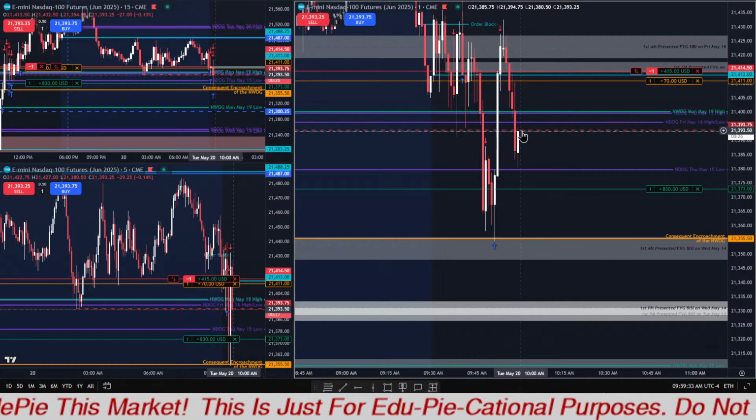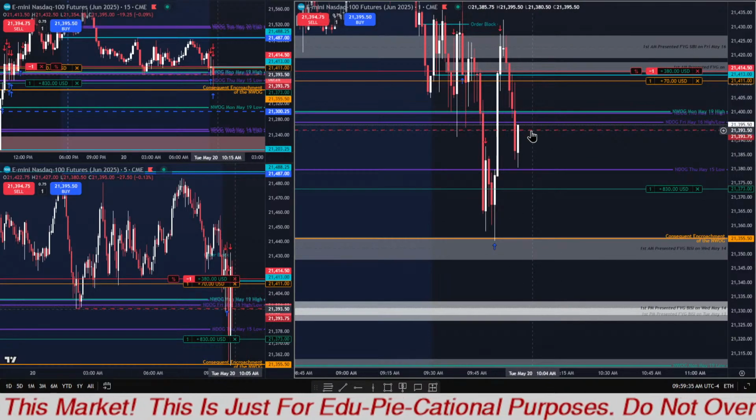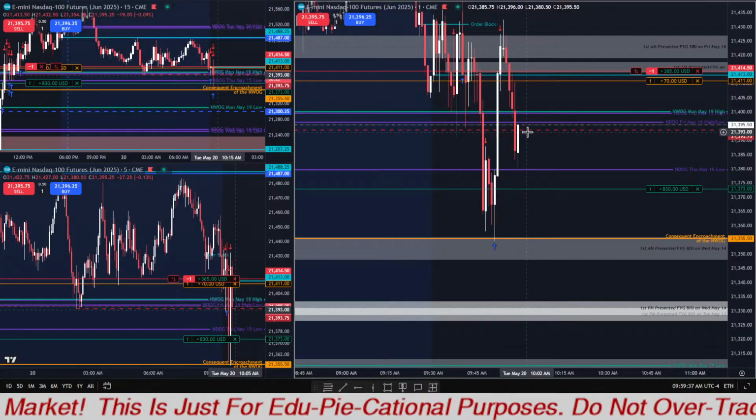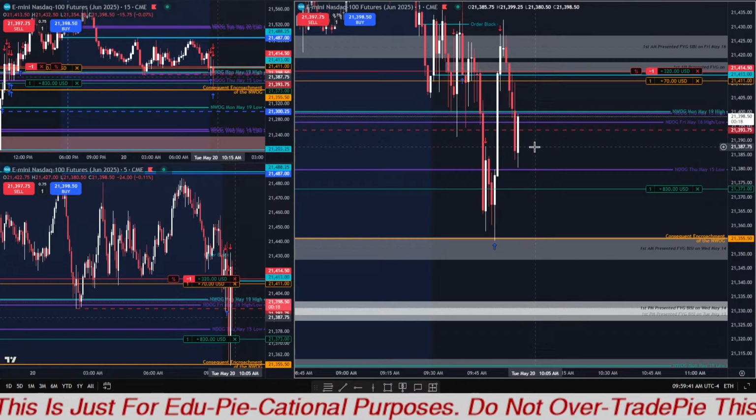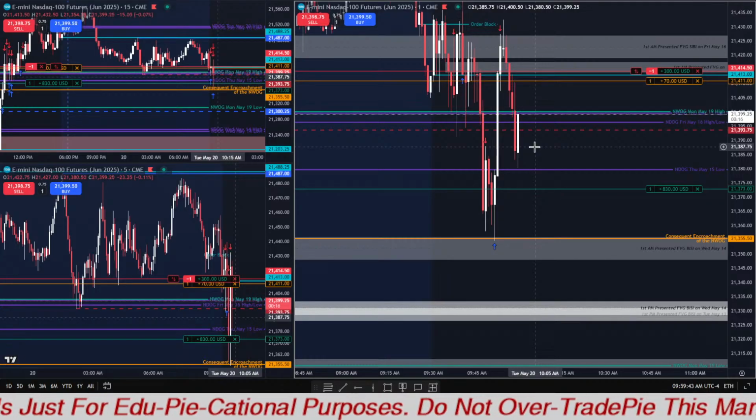Note that once again we traded into this sell side liquidity from London session, and we tapped into Friday's new day opening gap.